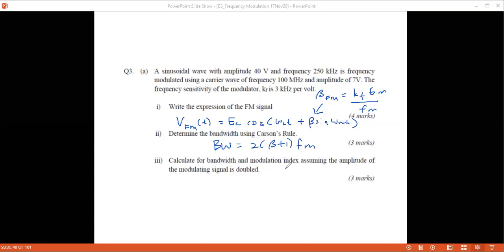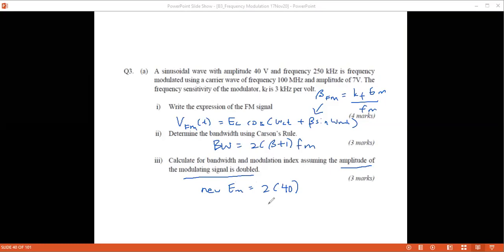Calculate the bandwidth and modulation index, assuming the amplitude of the modulating signal is doubled. So here our Em is doubled. New Em is equal to 2 times the old Em, which is 2 times 40.